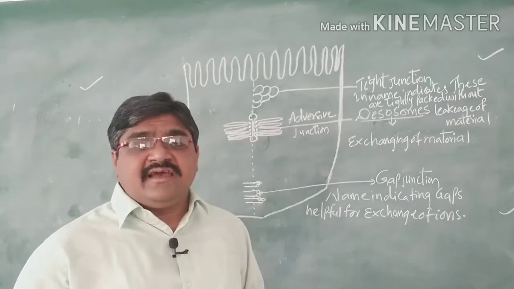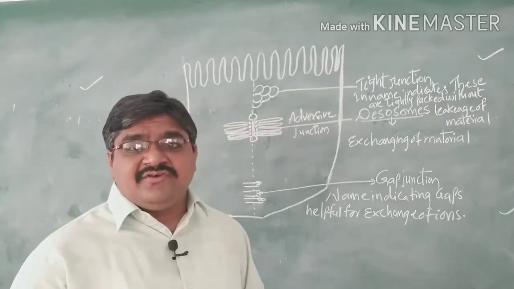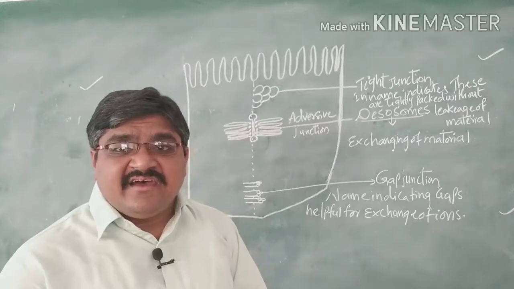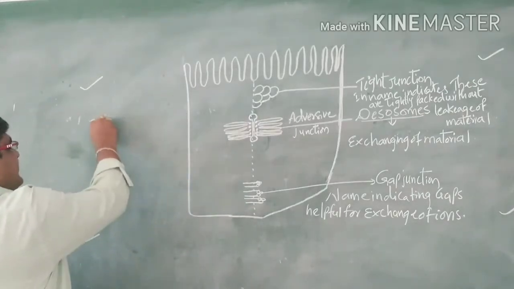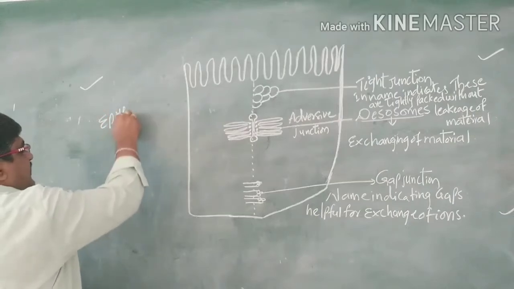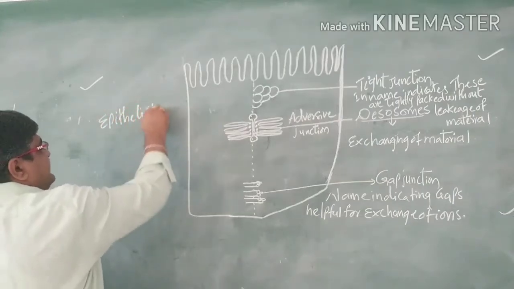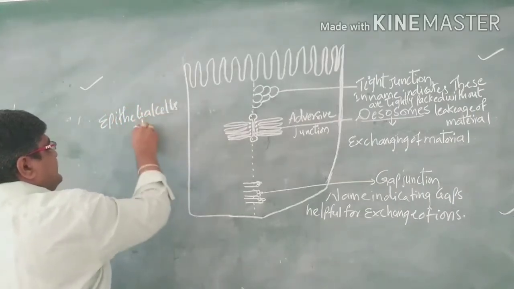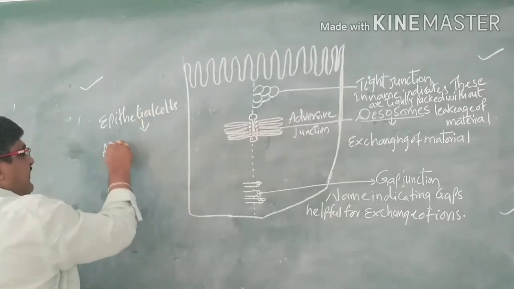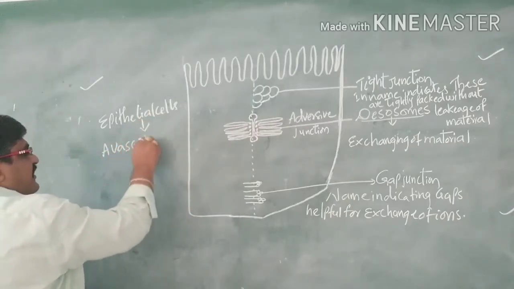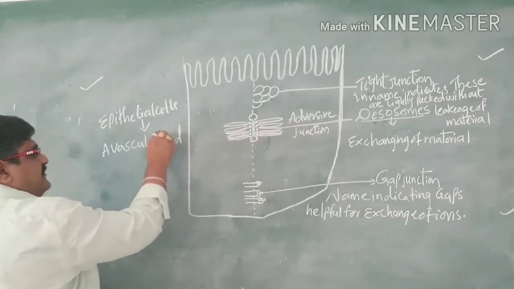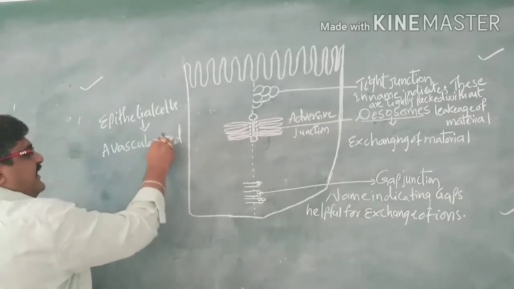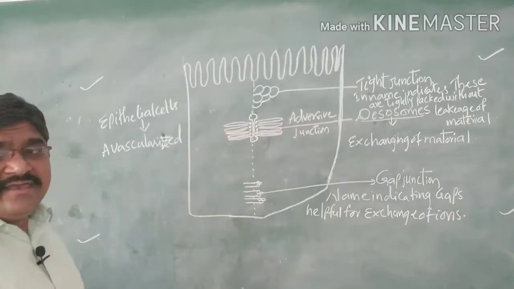So these are the three types of junctions, and also the epithelial cells are avascular. What does avascularized mean?